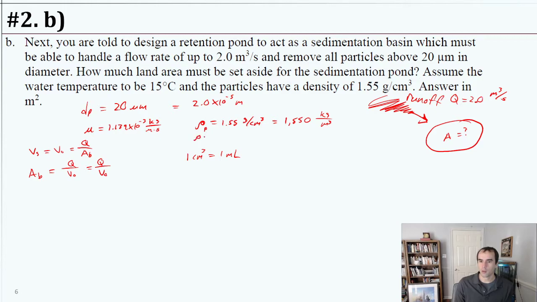And the rho for our water, the density of our water in this case, I don't have in front of me, so I need to find the lookup table. Let me pull that up real quick.